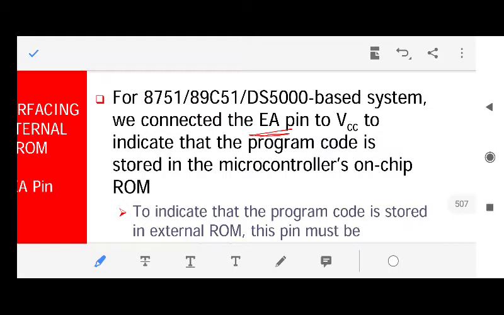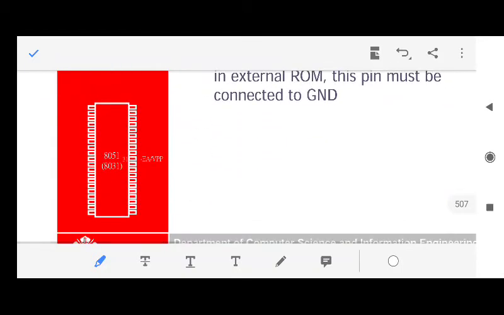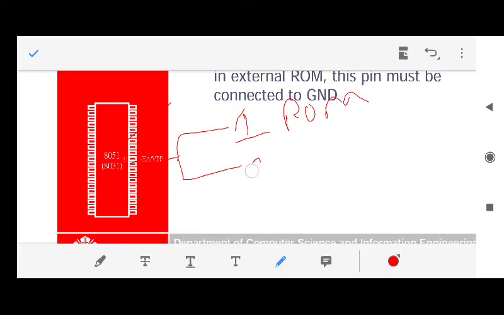Whenever you input 1 to it, you are saying that the 8051 has to use the ROM which is inside the 8051, and when you connect this pin to 0, it means that you have to use an external ROM.